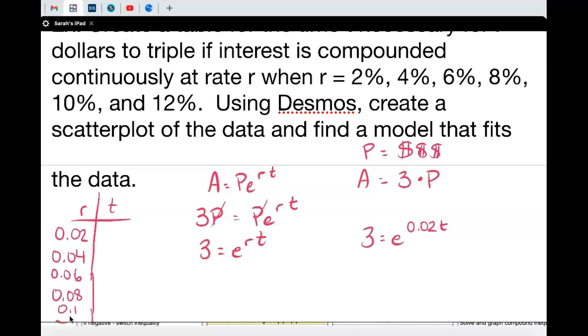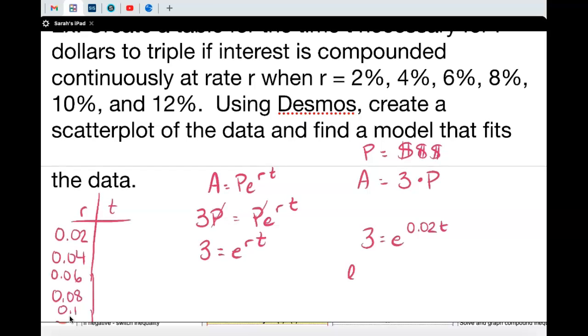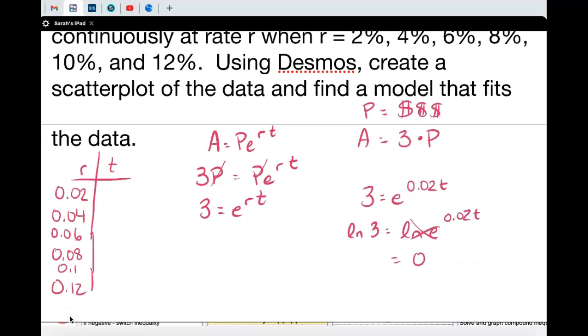Do I put e for the 0.02, and then take the natural log on both sides. Cancel the e out. So on the right side is 0.02.